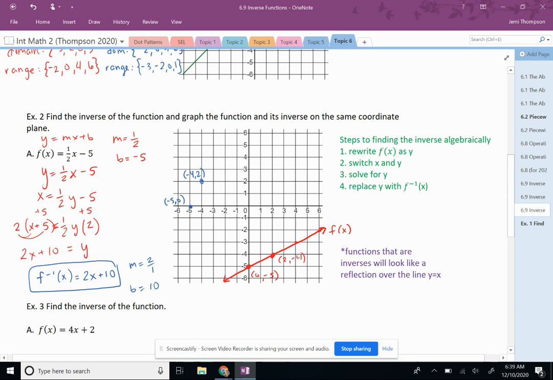Let's pick one more. I've got 6, -2, which will get mapped to -2, 6. Okay, so I can draw my line this way also. And you can tell that this blue line has a slope of 2, so up 2 over 1, up 2 over 1. And then it's going to intersect, kind of way up here, wherever 10 might be.